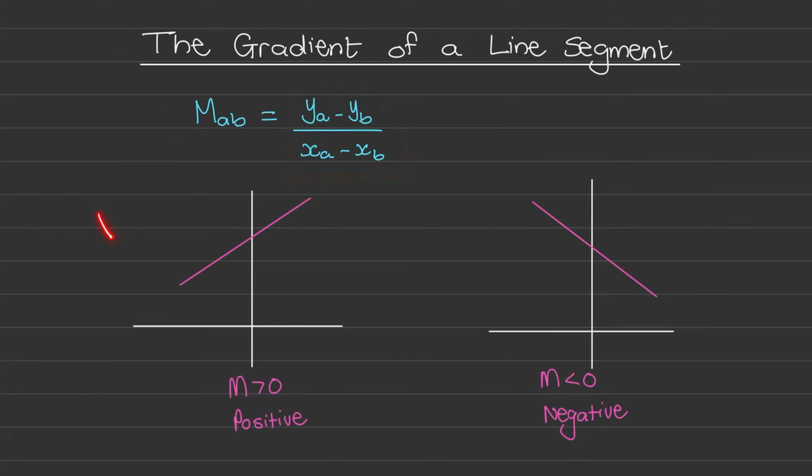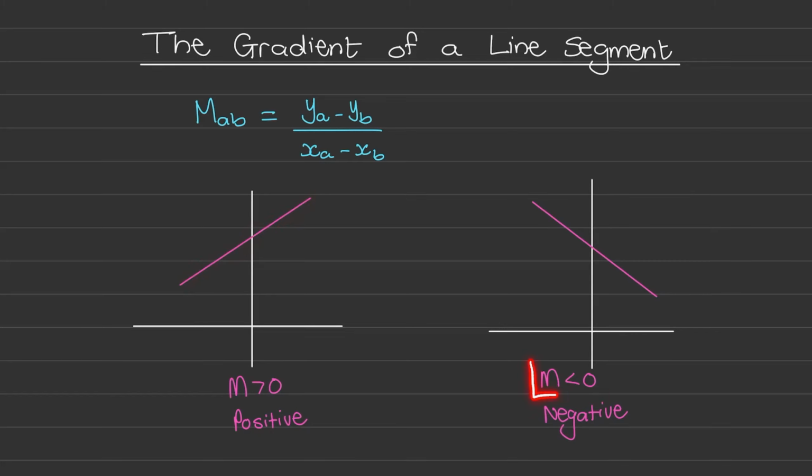The second thing that we learned about gradients is that when the gradient is bigger than 0, or when it is a positive value, then the line is increasing on the Cartesian plane. So increasing means if I start on the left-hand side and I follow the line segment, then I'm moving to higher and higher values.